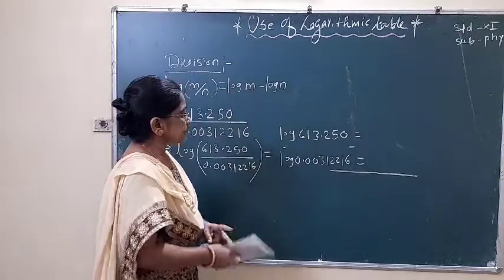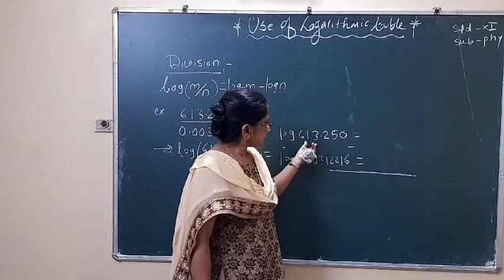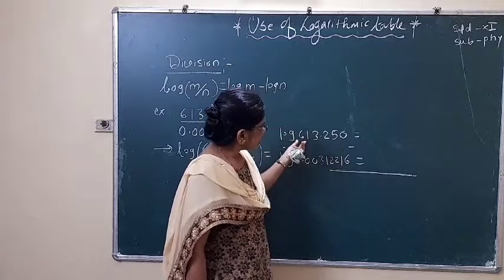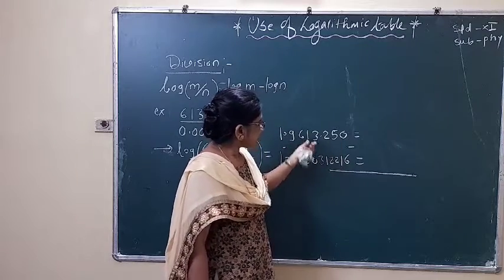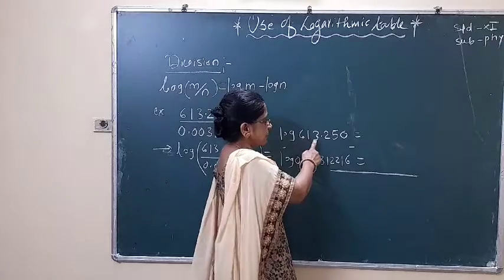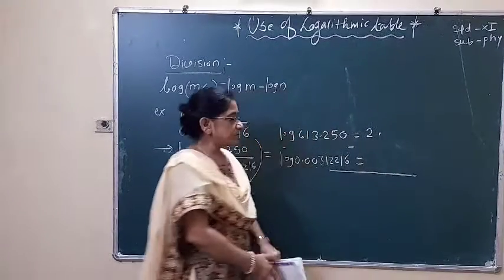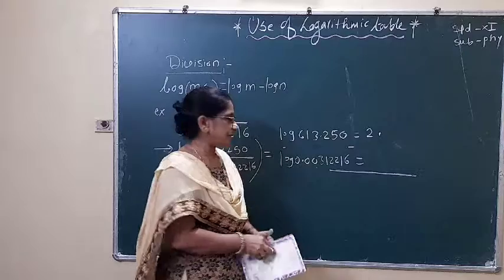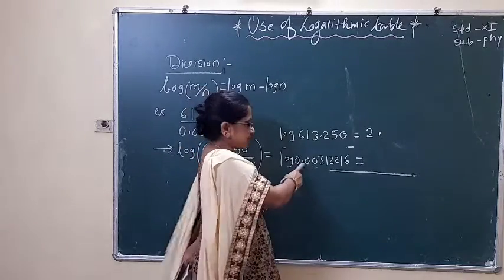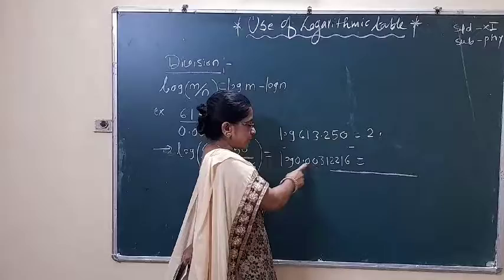Here this number is greater than 1, so for the characteristic of this number, measure the number of digits in the integral part: 1, 2, 3. The characteristic is 2. Here the number is less than 1, so what will the characteristic be? Measure the successive zeros adjacent to the decimal point. Here there are 2; add 1 to it and give a bar to its head.